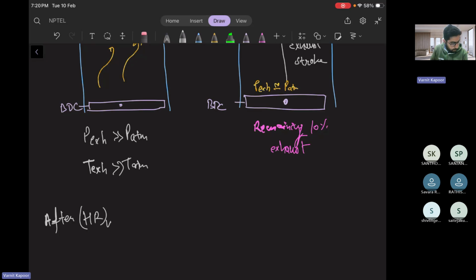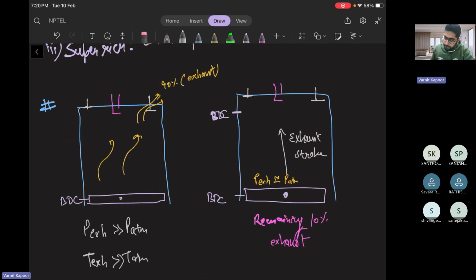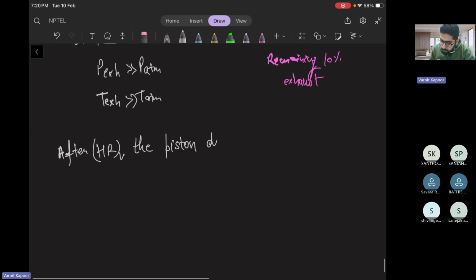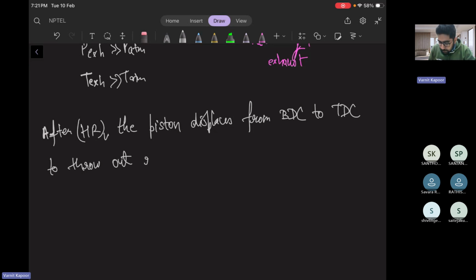After heat rejection at constant volume, the piston displaces from BDC to TDC to throw out the remaining exhaust gases out of the cylinder.